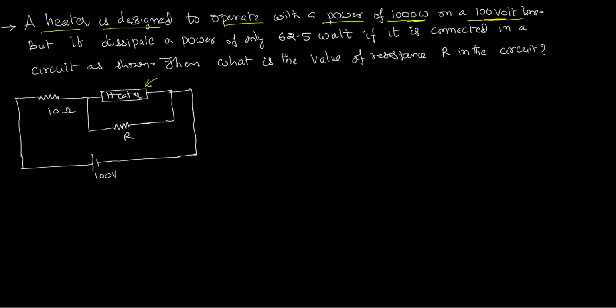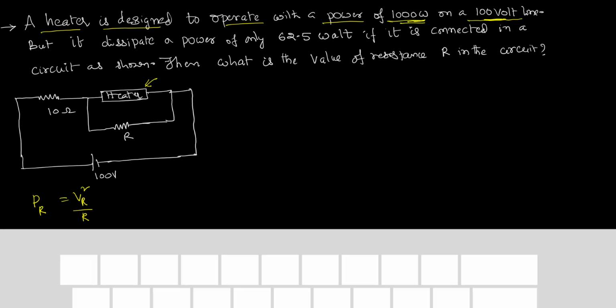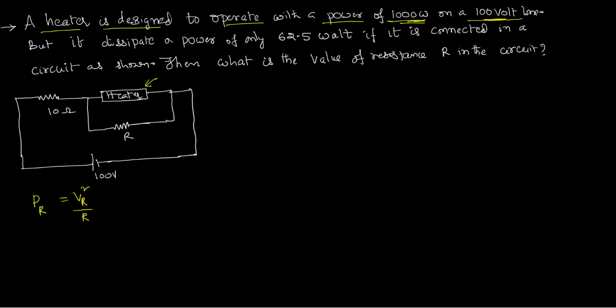We know the formula that power rated equals voltage rated square by resistance R. Power rated is 1000 watt. Voltage rated is 100 volts.